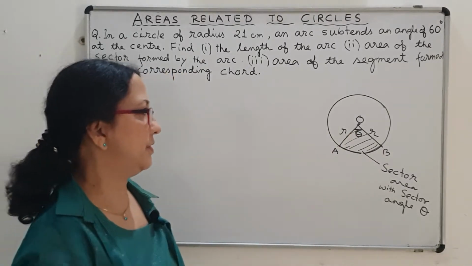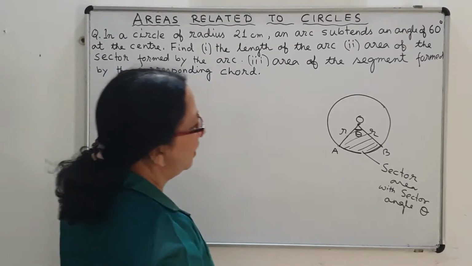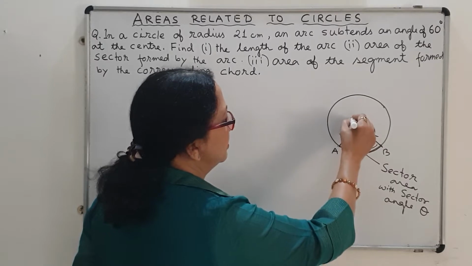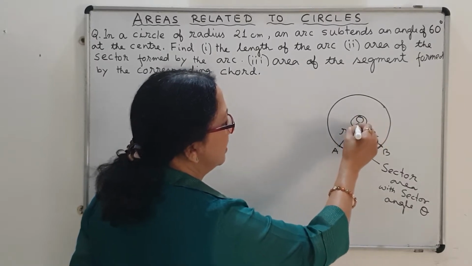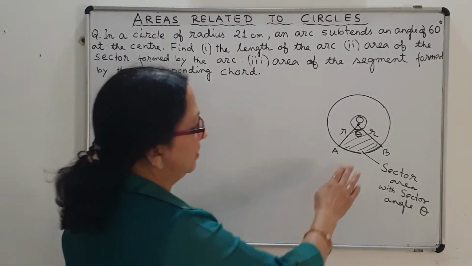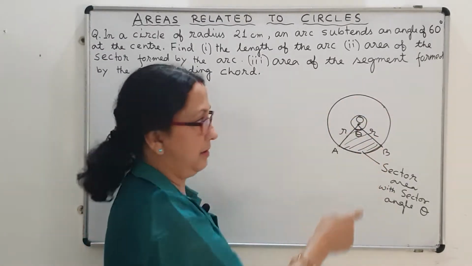So how do we do this? When we consider the whole angle at the center to be 360 degrees, then the sector will be the whole circle.